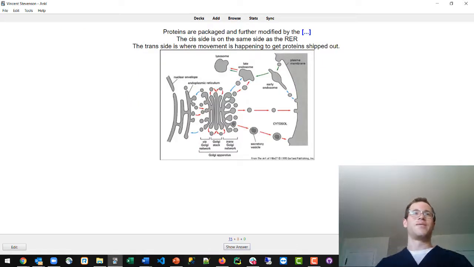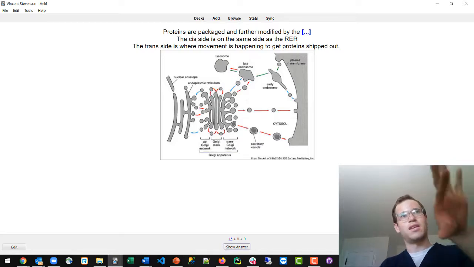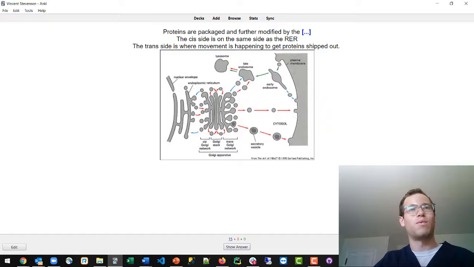And then what happens is, on this next slide, we have proteins that get packaged and then further modified in what's called collectively the Golgi apparatus. And so as the rough endoplasmic reticulum bound ribosomes are assembling these proteins, they then give them through these vesicles to the Golgi apparatus. The Golgi apparatus has multiple faces to it.